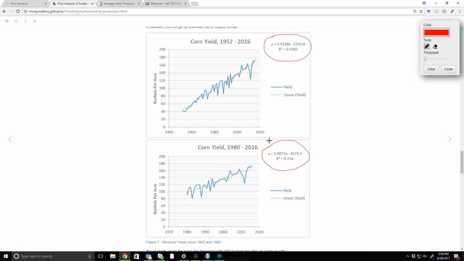And you'll notice that those trend lines are very, very similar, and they indicate that yields are growing at approximately a rate of just under 2 bushels per year. And we get that answer whether we break the sample in 1952 or whether we break the sample in 1980. So pick your pleasure. You're not going to get very different answers in either case.